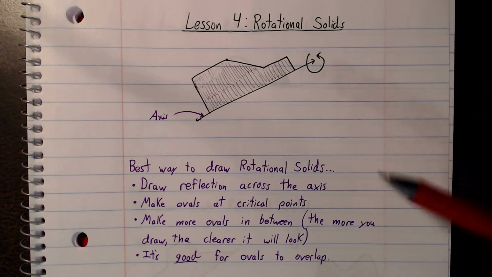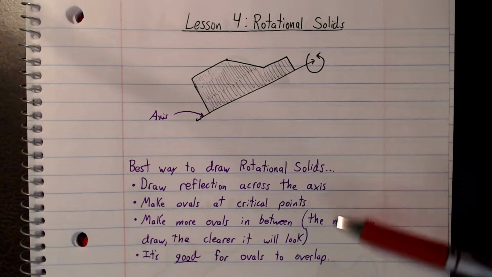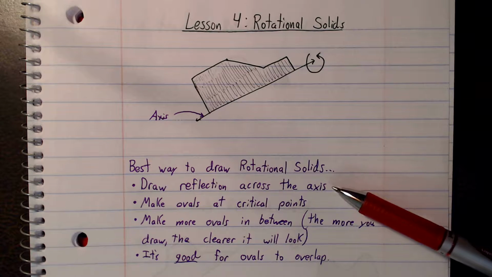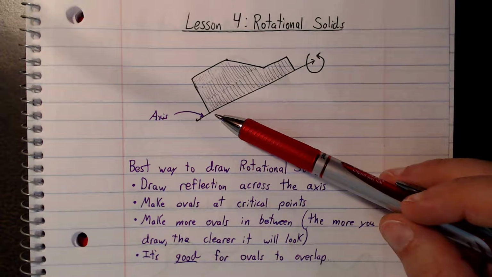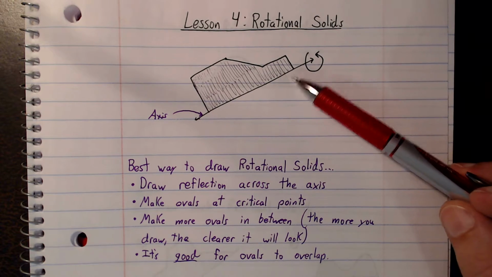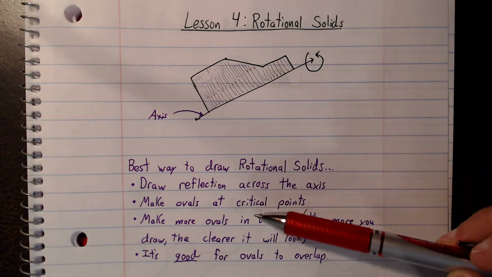Okay, here are the steps. If you want to write these down, I have it memorized. It's pretty easy. The best way to draw rotational solids: we're going to draw the reflection across the axis. So this original shape, we're going to end up drawing the reflection of it on the other side. We're going to make ovals at critical points.